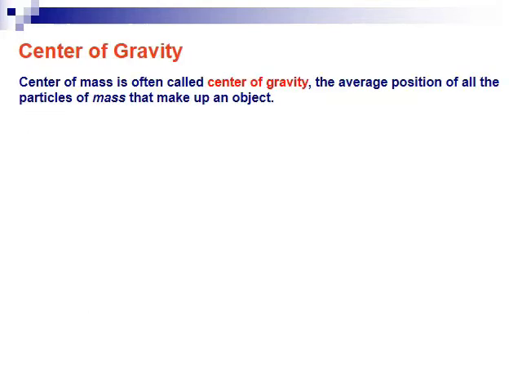Center of mass is often called center of gravity, which is the average position of all the particles of mass that make up an object. Center of gravity or center of mass could be used interchangeably, except if we are dealing with a very large and very tall object such as a skyscraper.